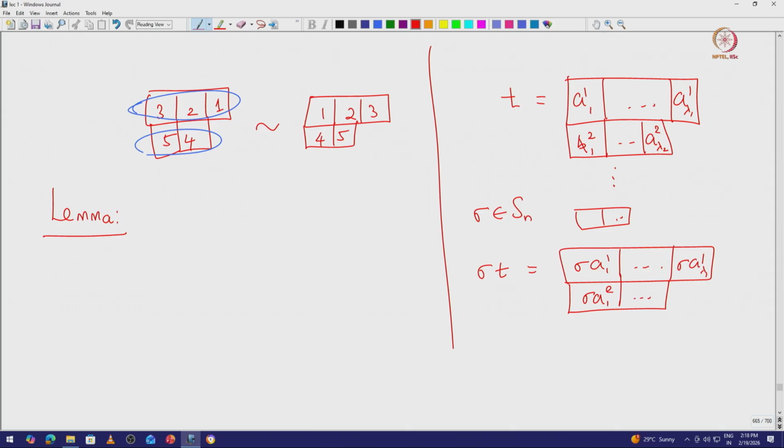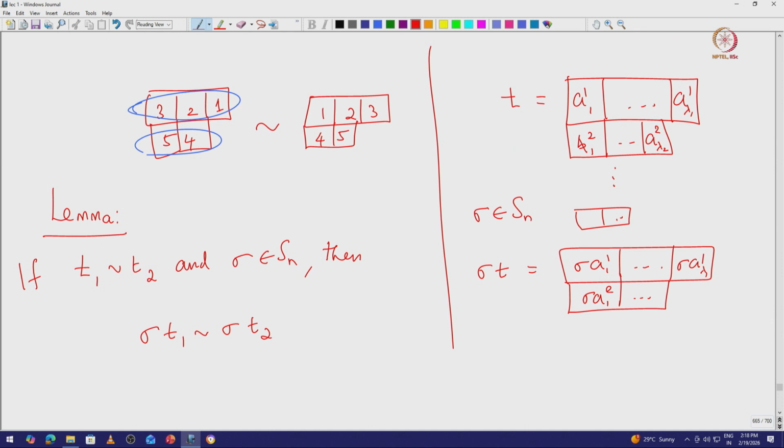Now, we want to claim that this action induces a well defined action on the set of lambda tabloids. For that we need to prove: suppose T1 is related to T2 with respect to the defining relation that we defined before, and sigma is an element of Sn, then sigma T1 is also related to sigma T2.